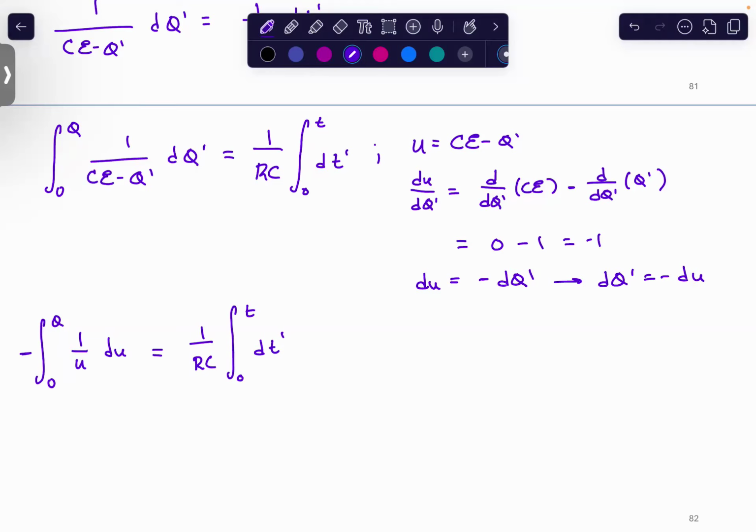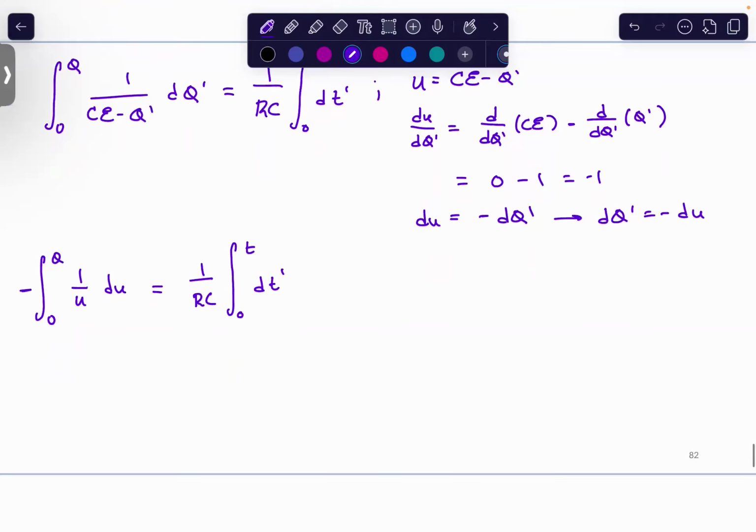The right side's easy to do. So you see your gut instinct is correct. We end up with a natural log.